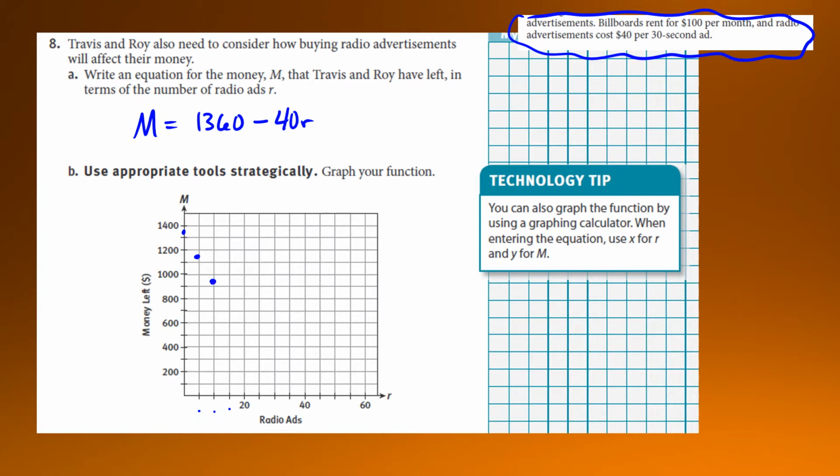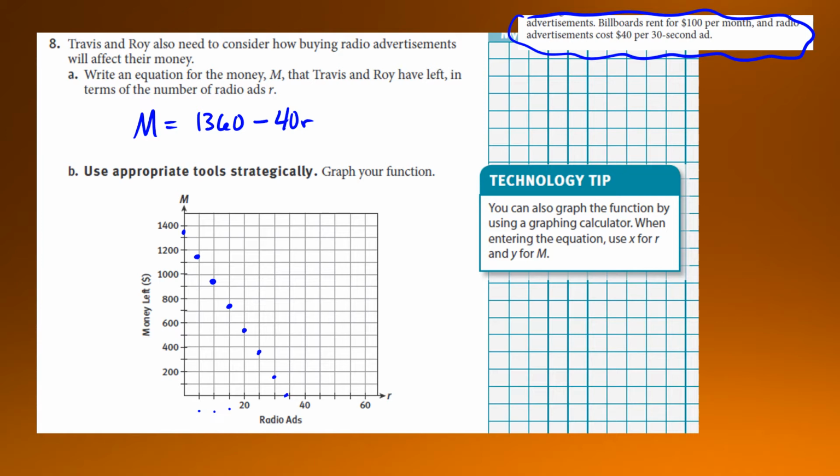So it would look like this, and hopefully you can see the general pattern going down 200 for every 5 radio ads, and then they'd run out of money before they even bought 35 ads.